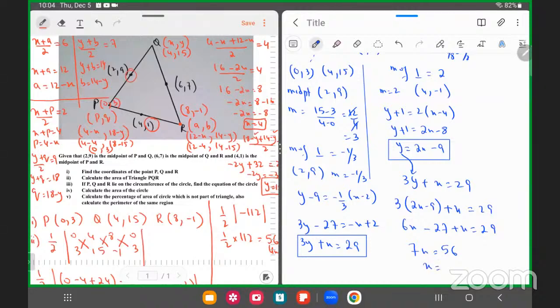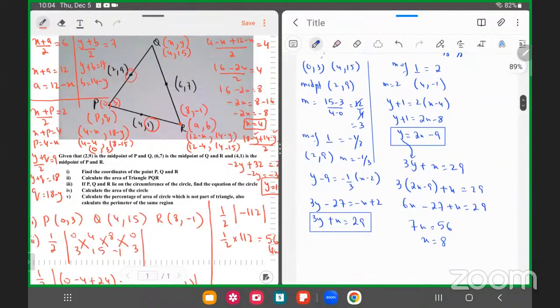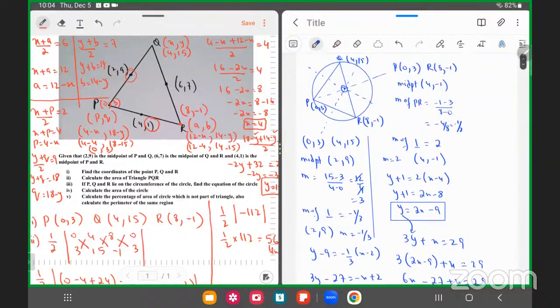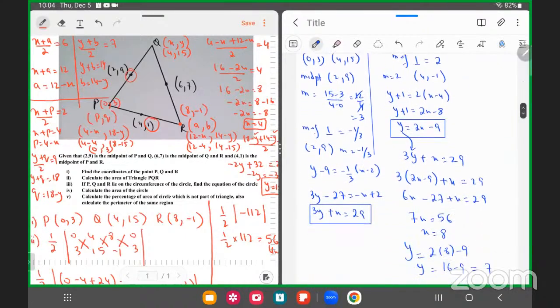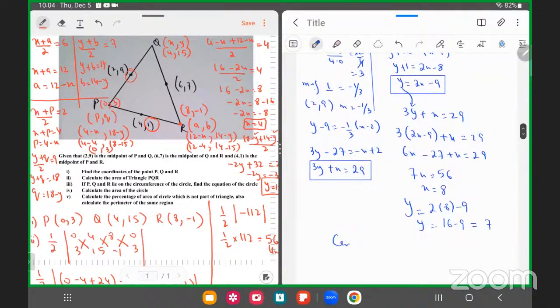So x turns out to be 8. If x is 8, y is equal to 2 times 8 minus 9, y is 16 minus 9, which is 7. So the center of the circle turns out to be 8, 7.